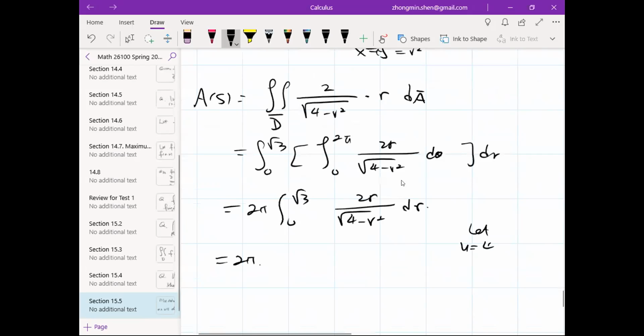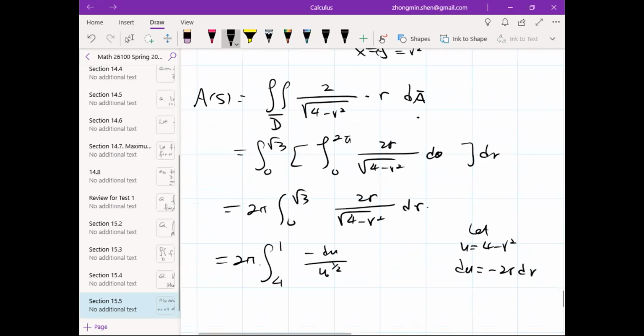Let u be 4 minus r squared. So du equals negative 2r dr. Great. Okay, when r equals 0, I get a 4. When r equals square root 3, I get a 1. Okay, that's u to the negative 1/2. 2r dr is negative du.